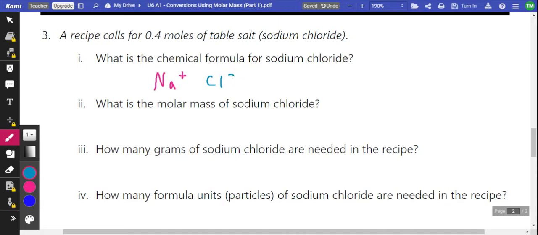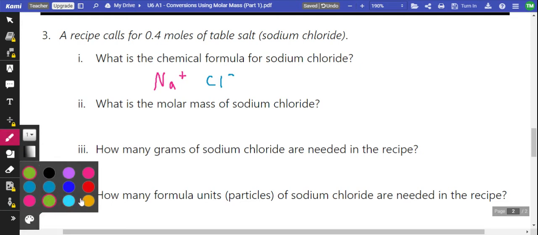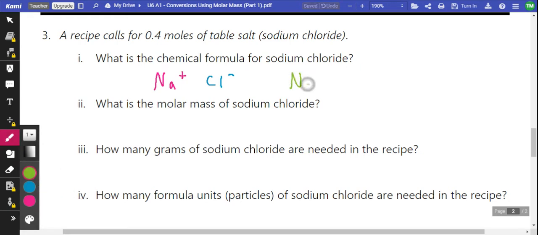So if I put together Na plus and Cl minus, I just need one ion of each to get those charges to cancel. +1 and -1 cancel out. That just makes a neutral ionic compound, which is a good sign that we've got the right compound. Okay, so our formula is just going to be, let's do it in green, NaCl.